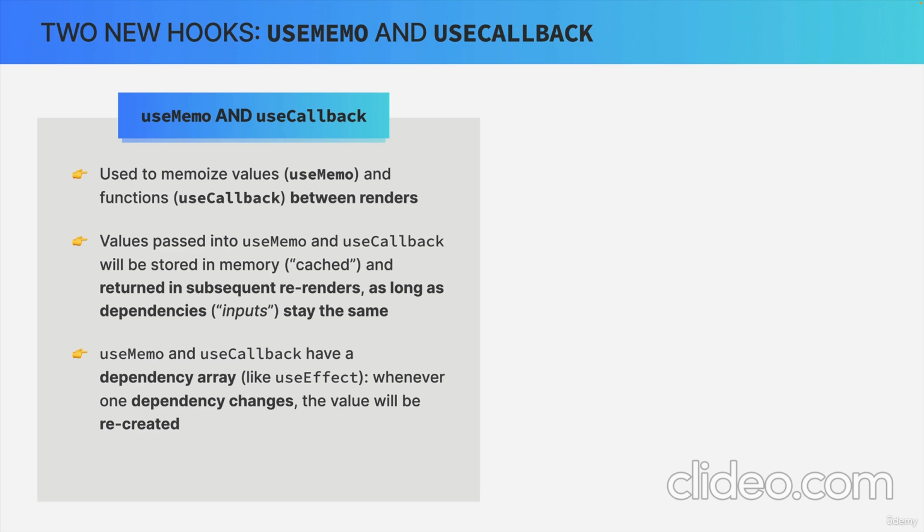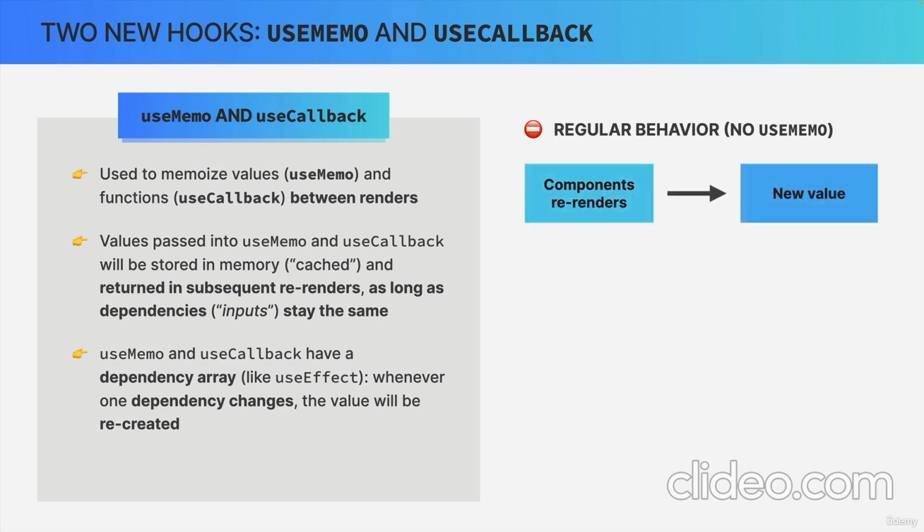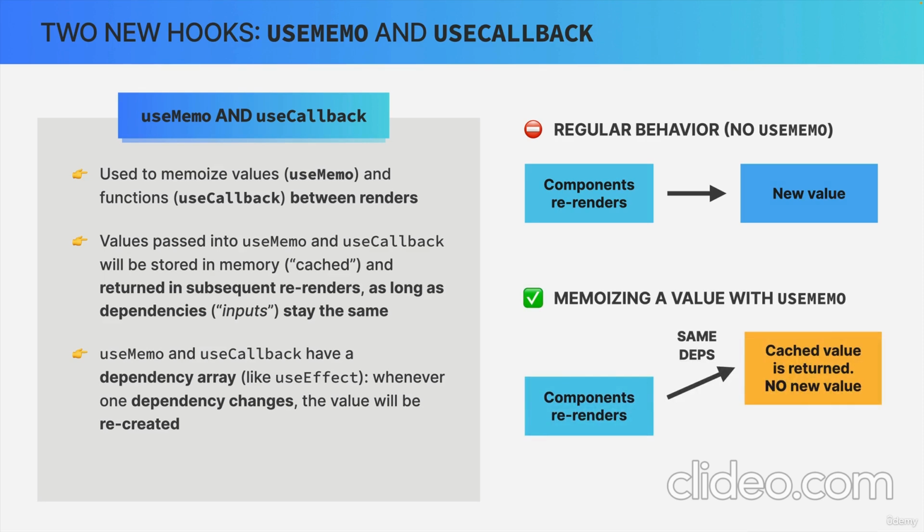But for now, let's visualize what we just learned. So, the regular behavior in React when we do not memoize a certain value is, of course, that a new value is created whenever the component re-renders. On the other hand, when we do memoize the value, then no new value is created on re-render and the cached value is returned instead.